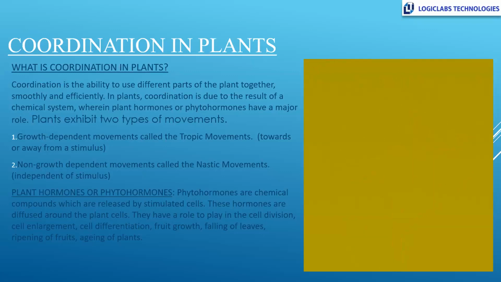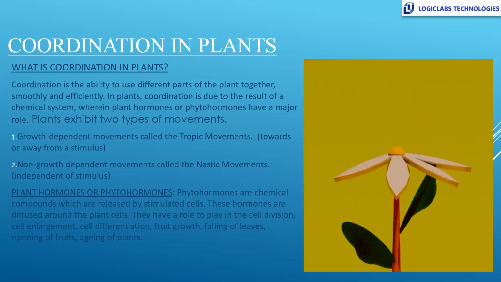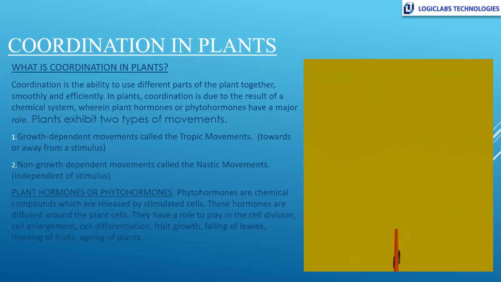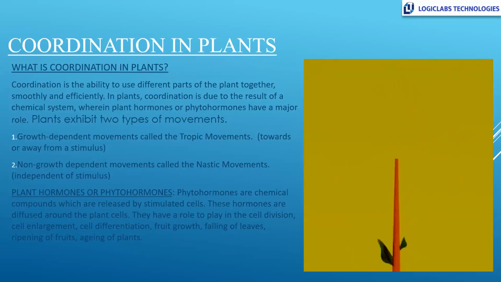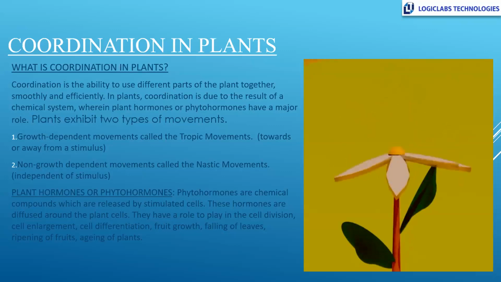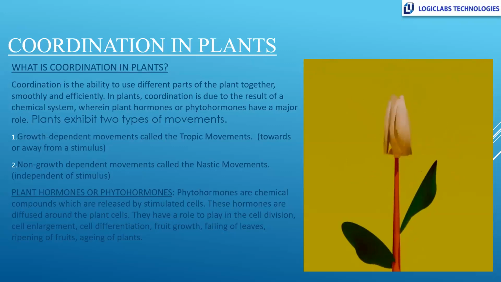We have chemicals, or the hormones which are released in our body, which we are going to study in the next slides, further slides. Even in plants, there are different chemical compounds or hormones which are being released by the cells. These hormones are mainly diffused around the plant cells.